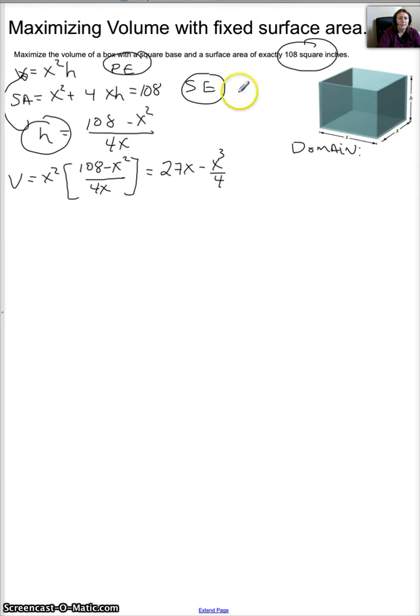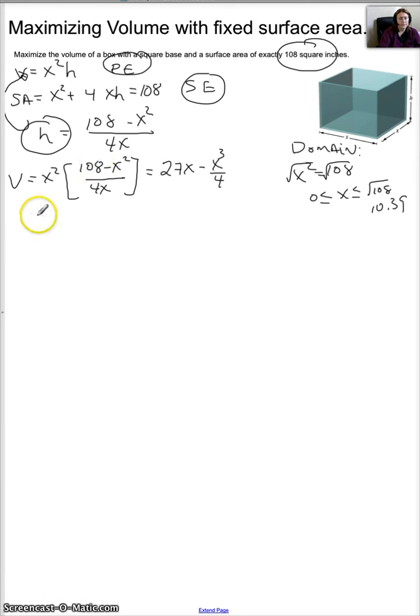If the height is 0, that tells me that x squared can be at most 108. So the domain, if I square root both sides, is between 0 and the square root of 108. The square root of 108 is about 10.39. So these are going to be my endpoints.